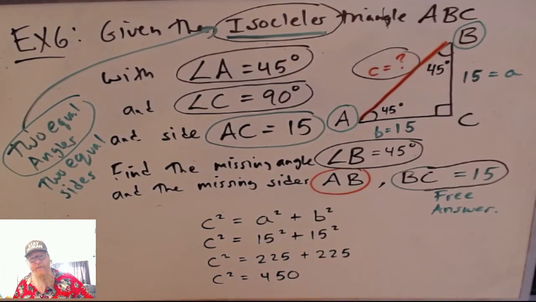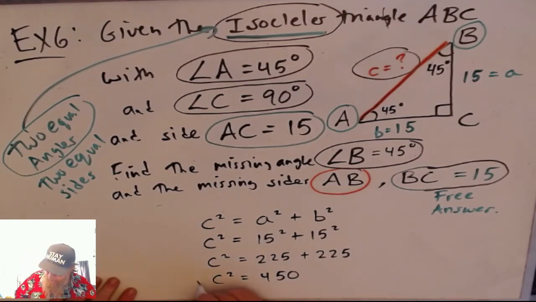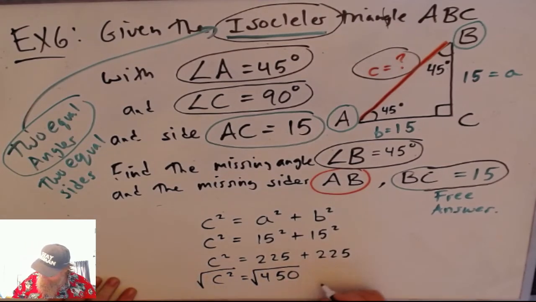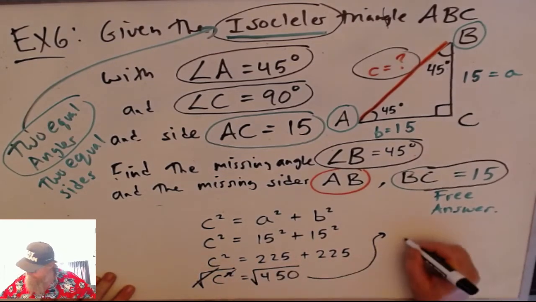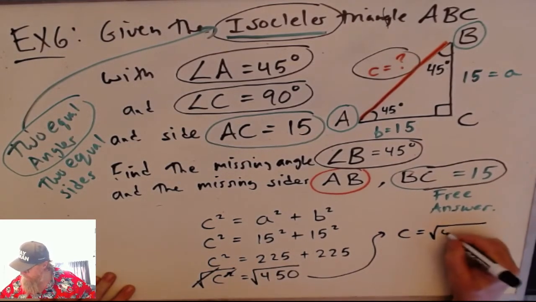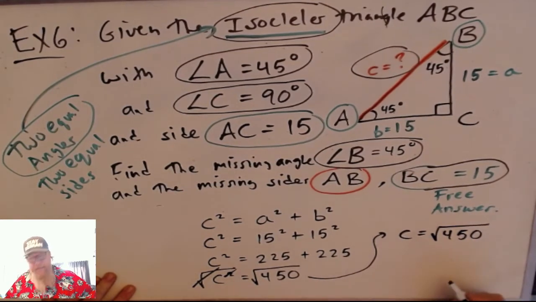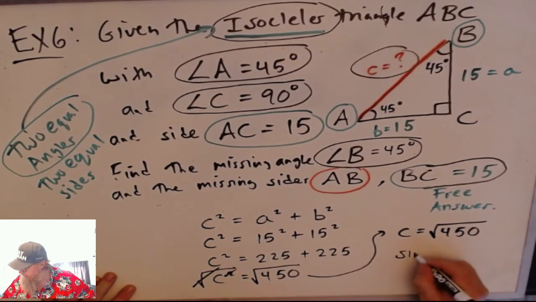All right. Then I take the square root. So that cancels. I get c is the square root of 450. And simplify if possible.